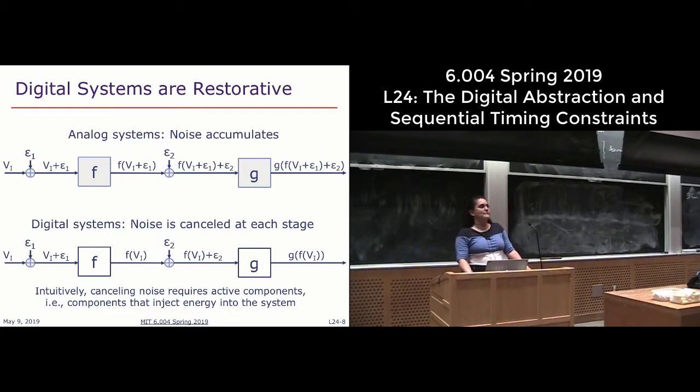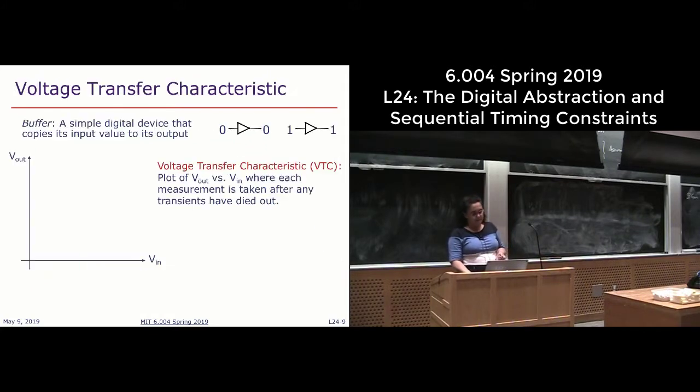So what does that mean? That means that I need circuit elements like transistors, which have the ability to do that, whereas I cannot use an element like a resistor or a capacitor, which is a passive element, in order to achieve this.